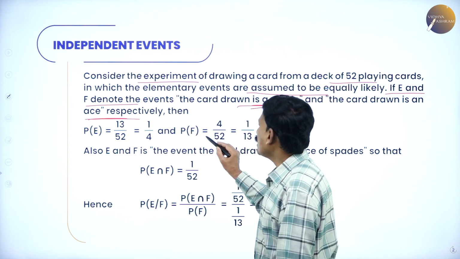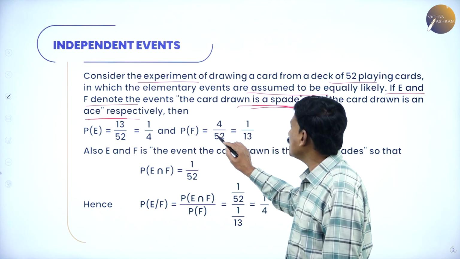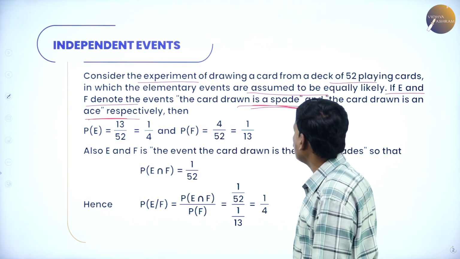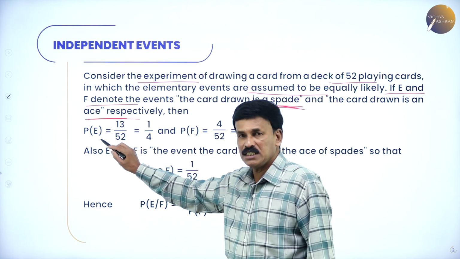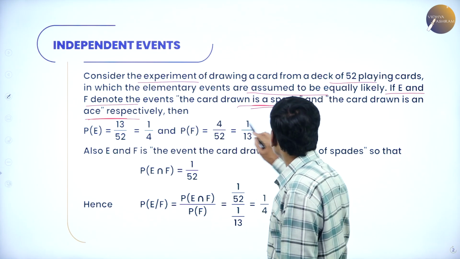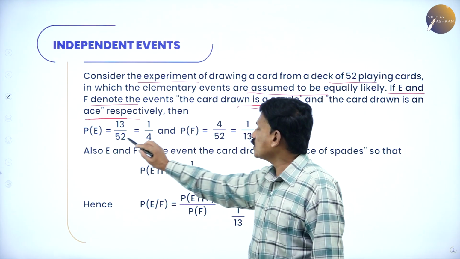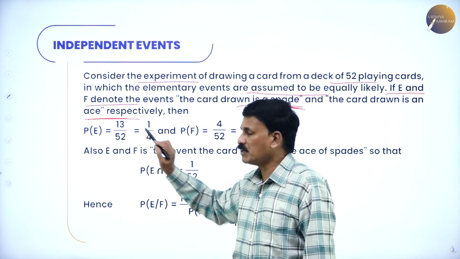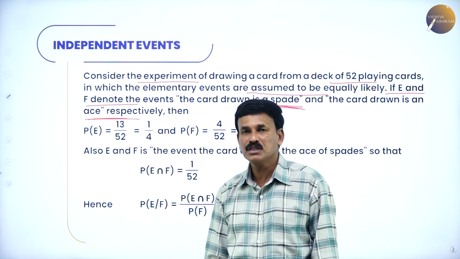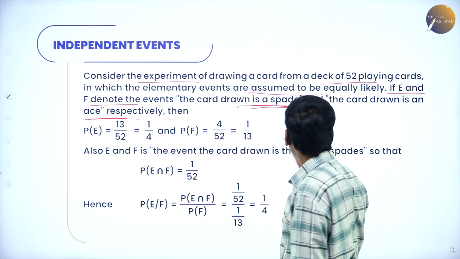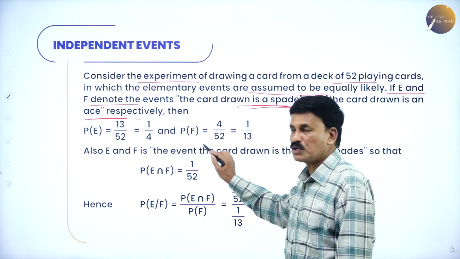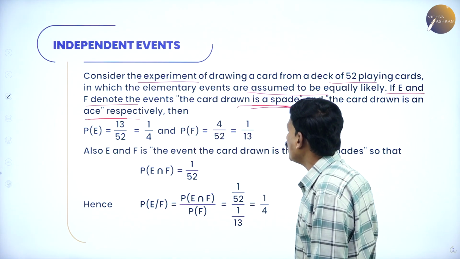Similarly, the probability of getting an ace, P of F, is 4 by 52, that is 1 by 13.